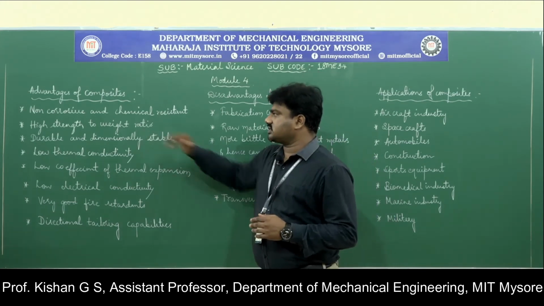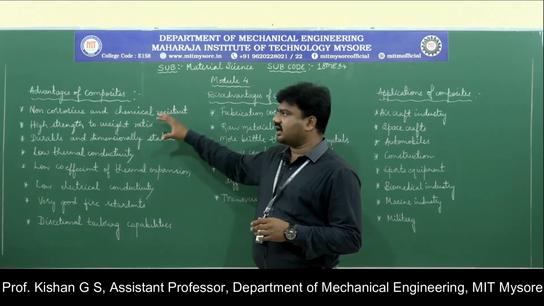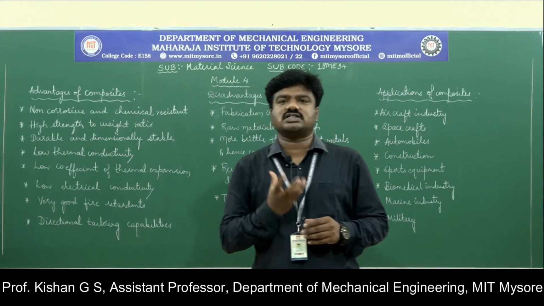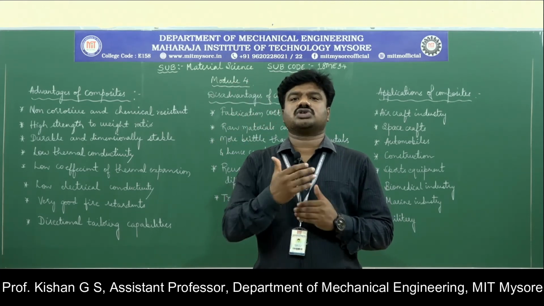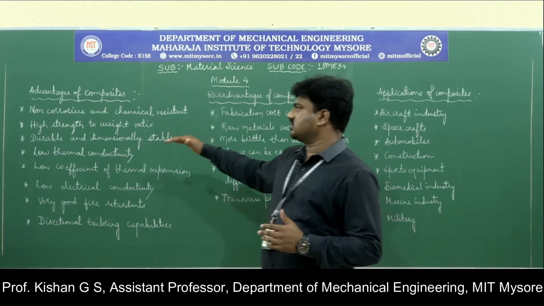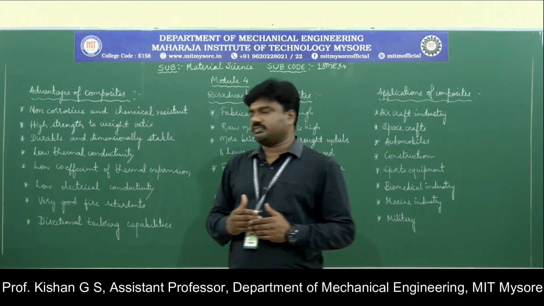Next comes high strength to weight ratio. That itself defines the capacity of composite material such that for a very low weight it provides a huge amount of strength. Lesser the weight, higher the strength is the capacity of composite material.